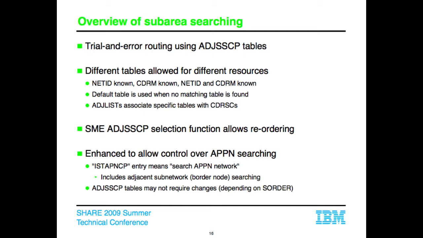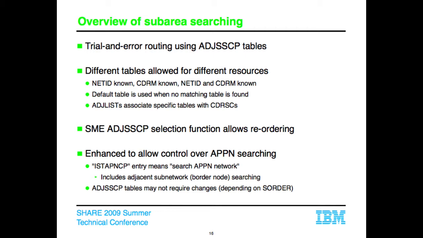Now the way we enhance subarea searching to handle the APPN search is that, as I said, in the adjacent SSCP tables, there's a special entry called the IST APN CP entry. And when we find that entry in an adjacent SSCP table, that's VTAM's indication to send the search over to the APPN side of the node and let the APPN searching do its thing. So sometimes you have to code the IST APN CP entry yourself.